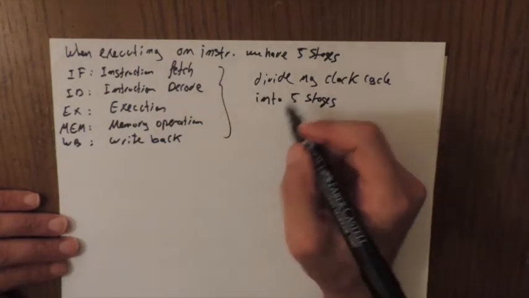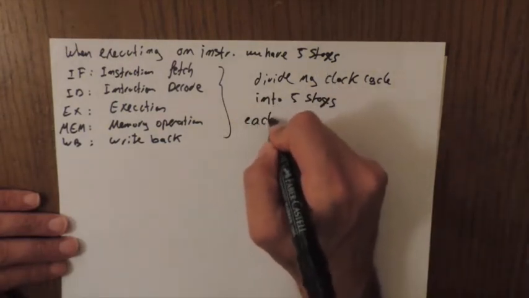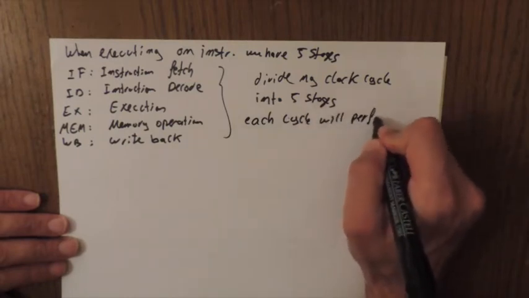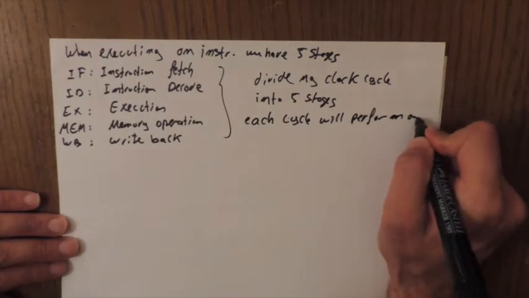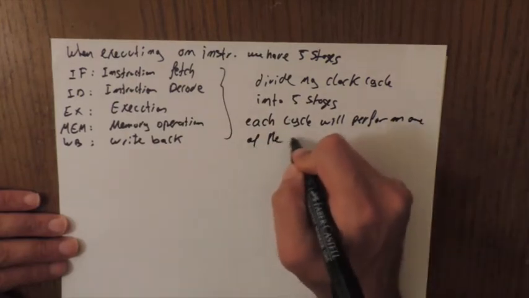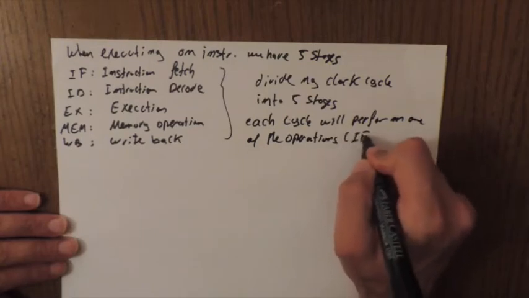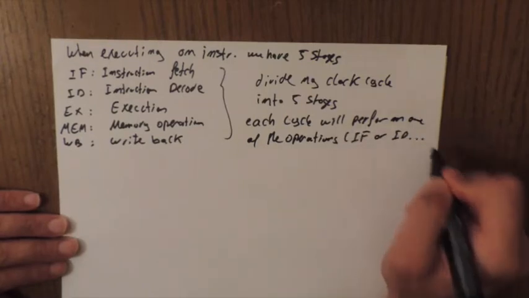So in this case, each cycle will perform one of the operations, whether IF or ID and so forth.